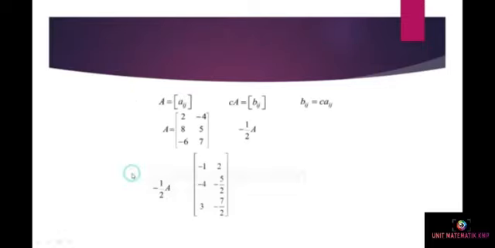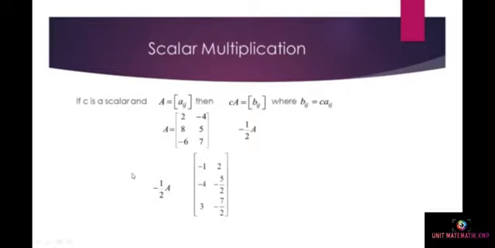Scalar multiplication. If c is a scalar and A equals Aij, then cA equals Bij, where Bij equals c times Aij. Example 11.